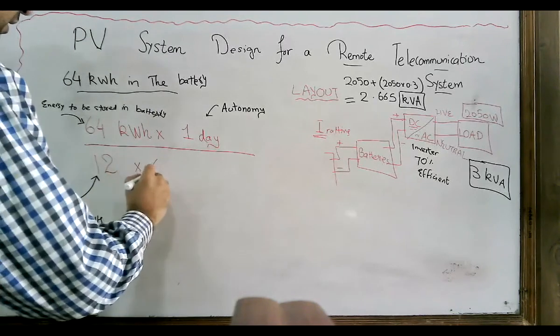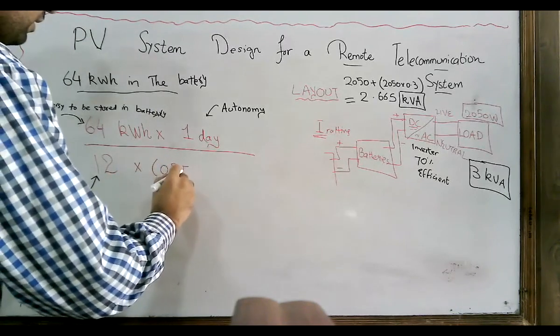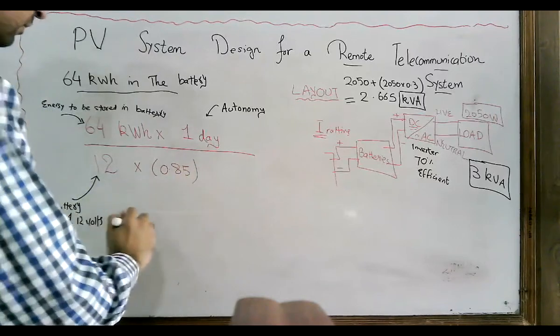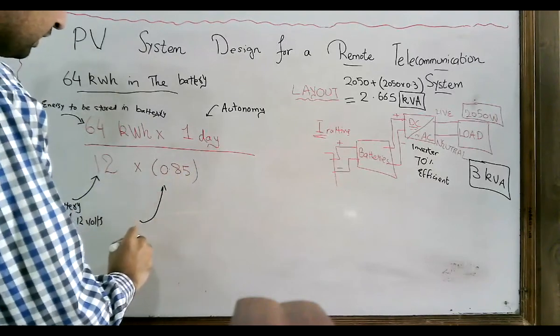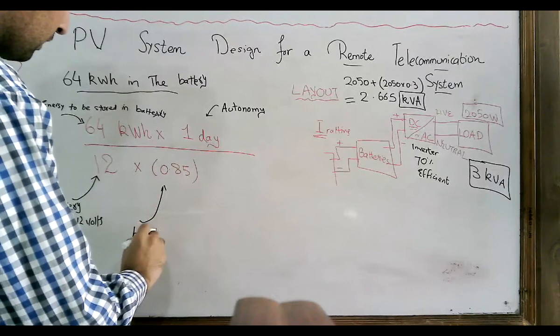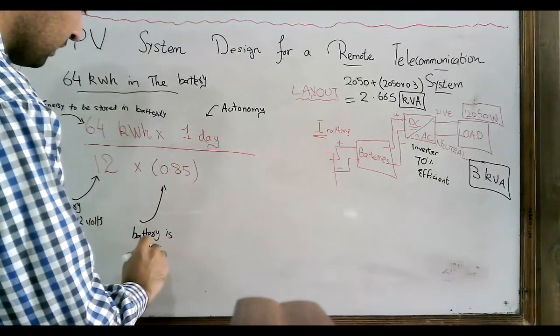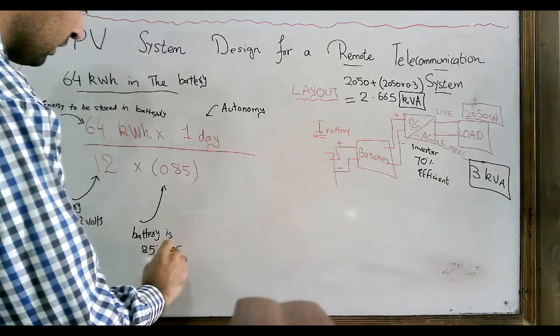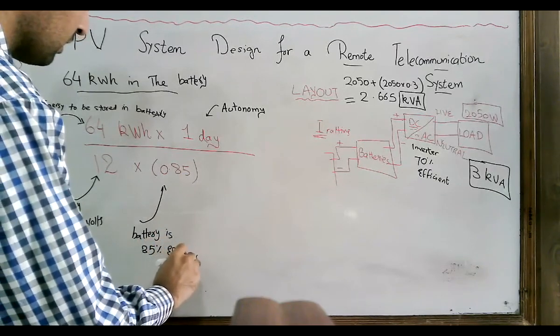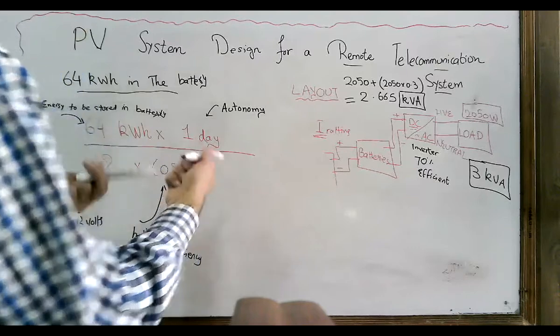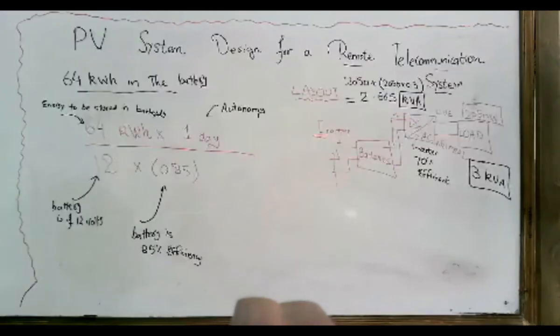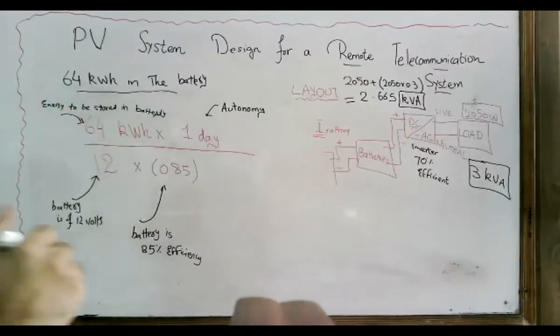Multiply by 0.85. That is, the battery is 85% efficient. This is the general rule we usually take when we have to decide the battery rating.